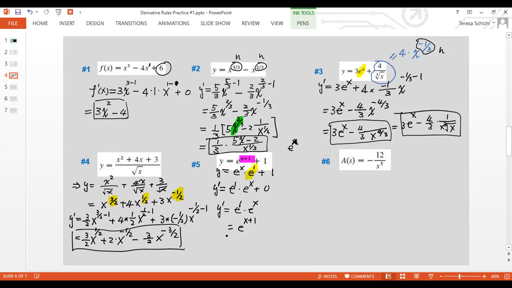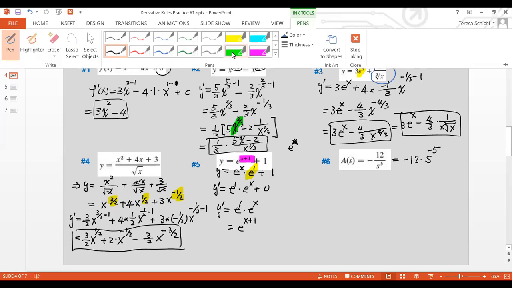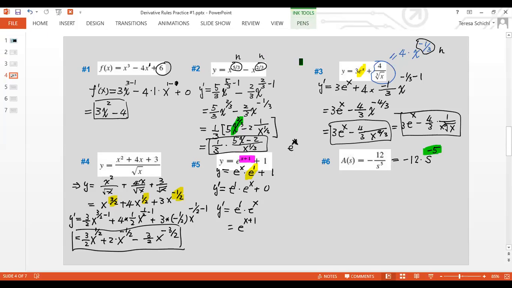Okay, now let's take a look at the last one here. This is negative 12 over s to the 5th. In order to use the power rule, I need to change that. So I know this one here is negative 12, then s to the 5th on the denominator really is s to the negative 5, right? So now I can use the power rule. So what is the power rule here?